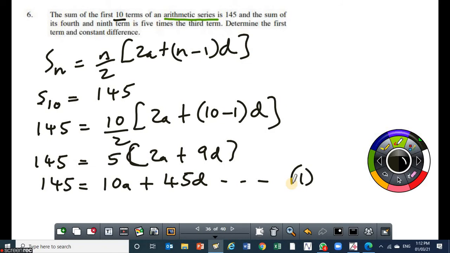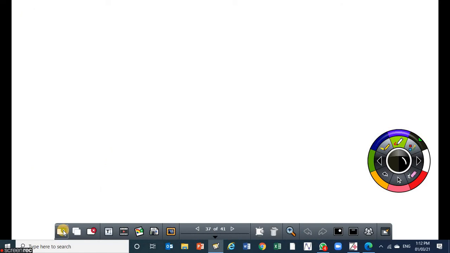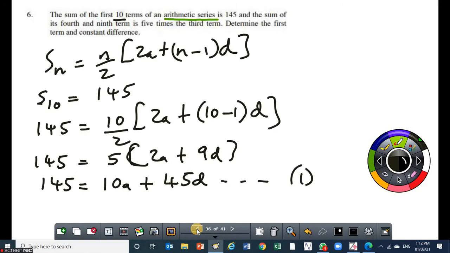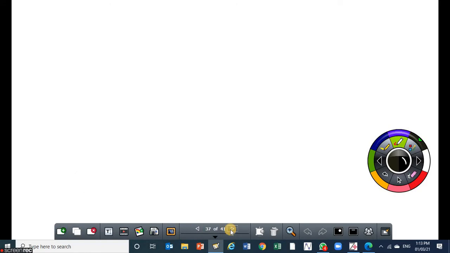Now we have the fourth term. If you add the fourth term and the ninth term, the answer that you get will be 5 times the third term, which is T3. So this is how you write it: T4 plus T9 is going to be equal to 5 times the third term.